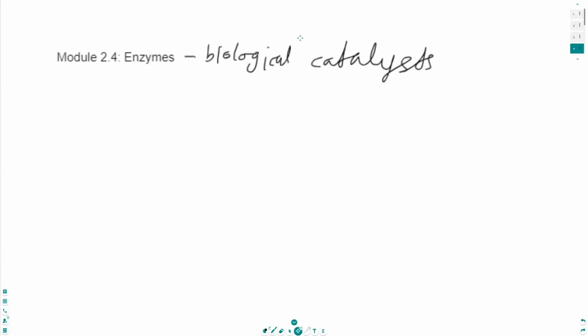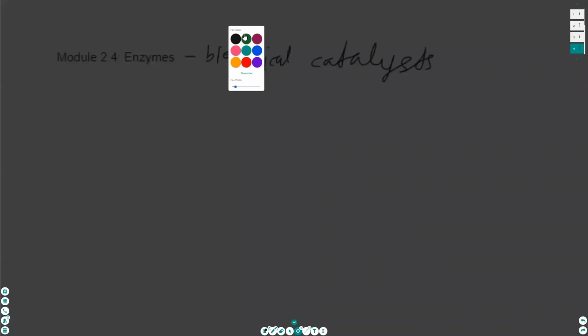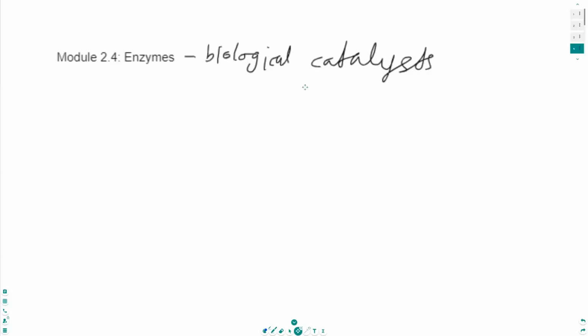So, what are biological catalysts? A catalyst is a substance that speeds up or increases the rate of a reaction. So, enzymes essentially increase the rate of reaction and they are not used up.